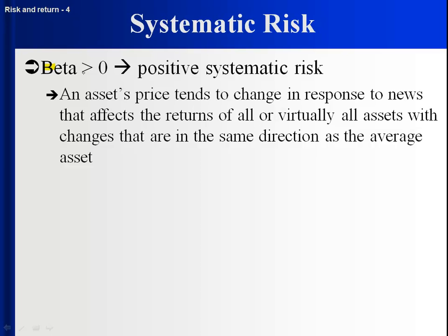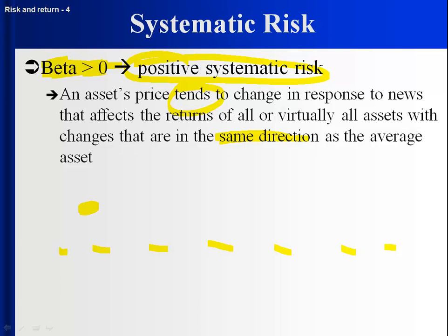So a beta greater than zero, a positive beta, means that there's positive systematic risk. And what that means is that an asset's price tends to change in response to this macroeconomic news that affects everybody in ways that are the same direction as the average asset. So let's say news comes out and the average asset says, hey, that's good news.